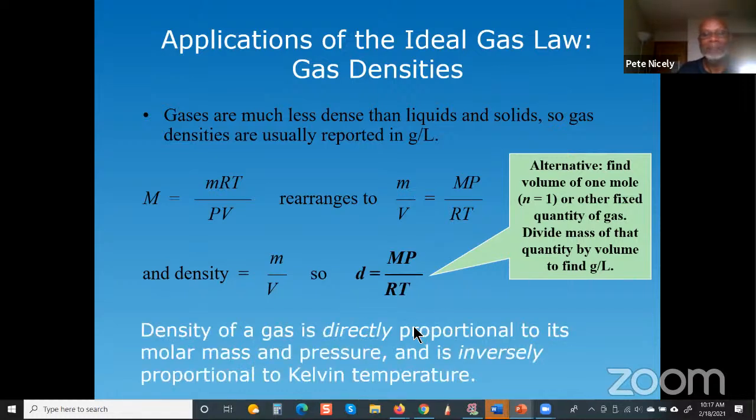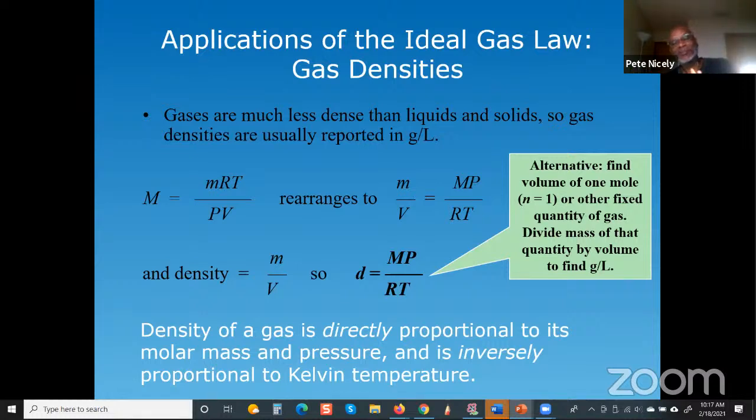Before we look at some examples using this equation, I want to point out one important point, and that is that we can see that there's some relationship between densities and the other variables on the other side of the equation. So for example, the density is directly proportional to the molar mass, right? So what that means is that if you have two gases and everything else is the same, the pressure and the temperature is the same, then the one with the greater molar mass would be the one that will be more dense, all right?